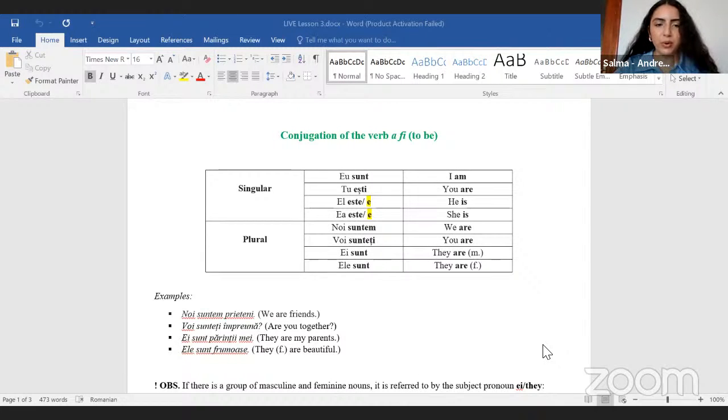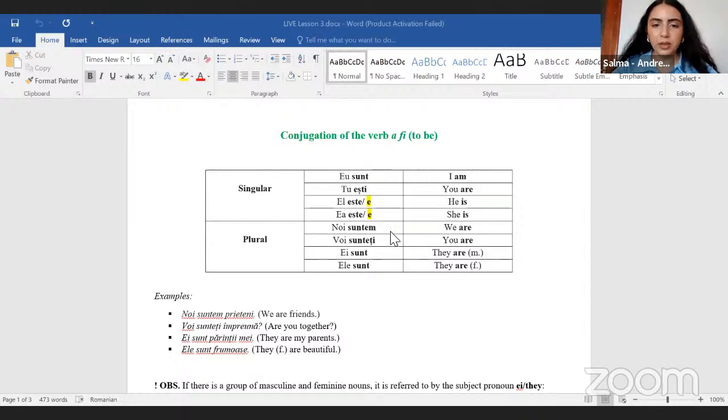So last time we went over the conjugation of the verb to be, a fi, but we only discussed the singular part, and now we are going to add to that the plural. The plural is a bit different because the form of the verb is a bit different than that of the singular form.